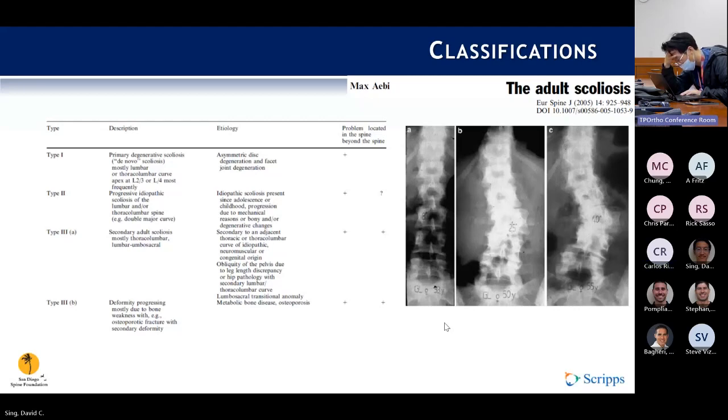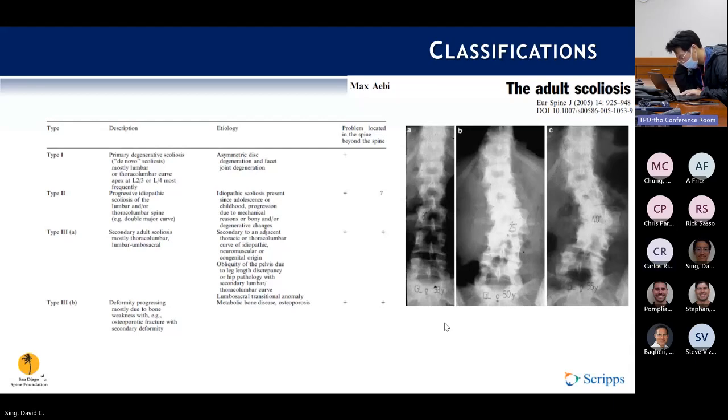He also called it a discogenic curve, meaning a lot of the deformity was from the disc. He says that usually the apex for this type was between L3-4 and L2-3, and it was associated with the loss of lordosis. It was proposed in this paper that the sagittal malalignment in this type of curve could be the primary pain generator in back pain.